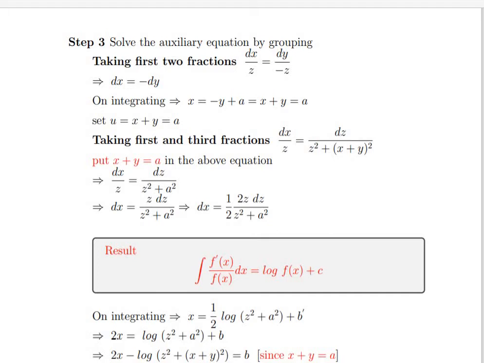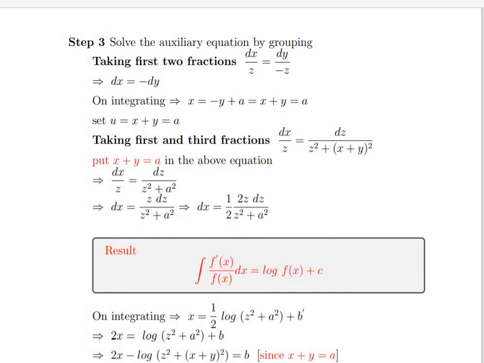Now as you can see, the term in the denominator is z square plus a square, and if we take the derivative of that term with respect to z, we will get 2z dz. But if you observe the numerator, you can see there is only z dz. That means we need 2z dz in the numerator. For that purpose, we will multiply and divide the term in the right side with 2.